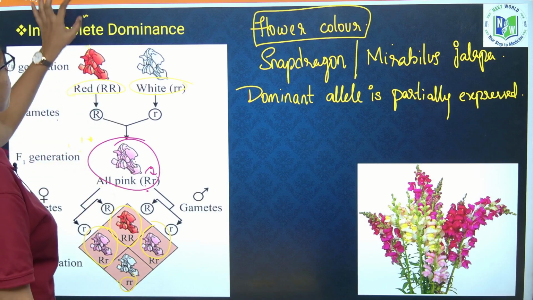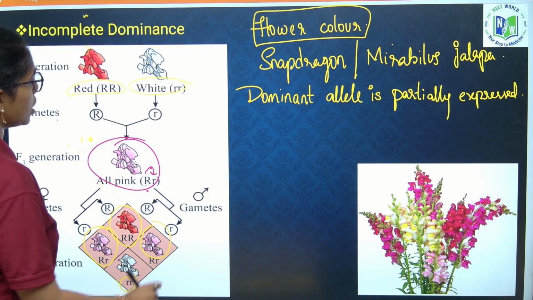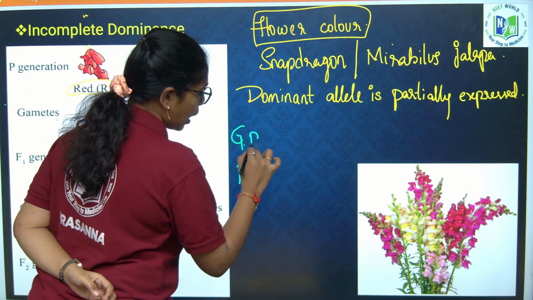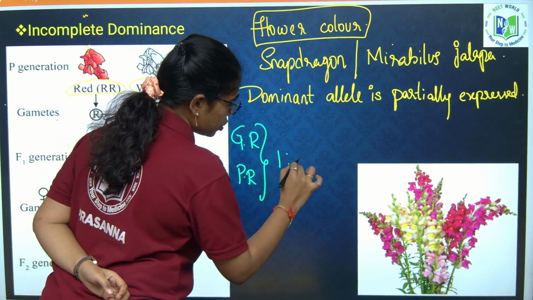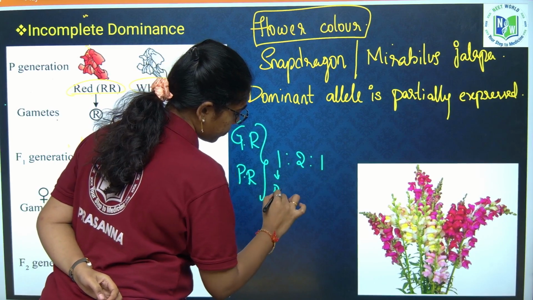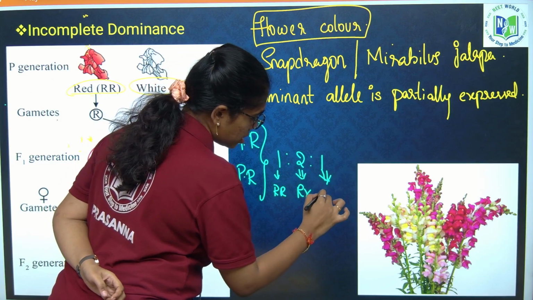So, here in incomplete dominance, the genotypic and phenotypic ratios are the same, that is 1:2:1. One is red, two are pink and one is white.